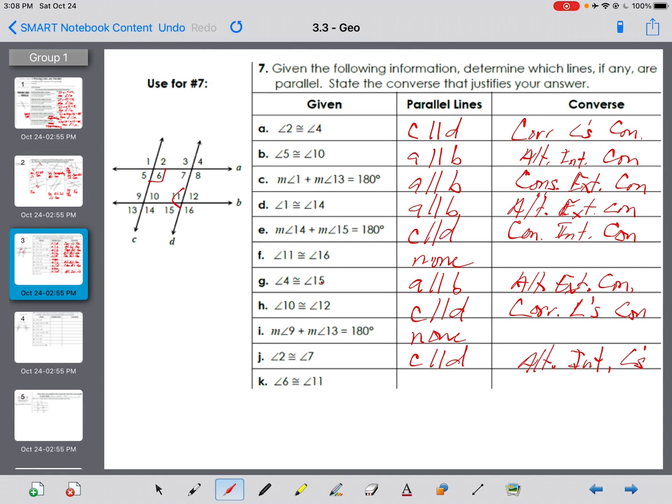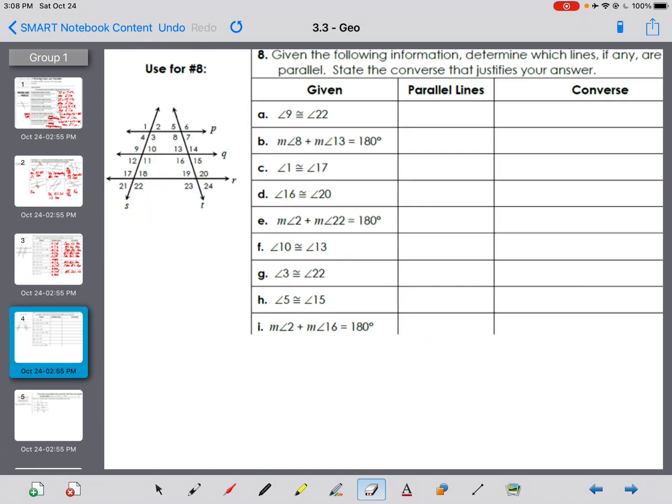All right, these are different intersections. 11's got these two lines, and 6 has got these two lines. It's not two lines being cut by one transversal, it's two different sets of lines. So that's not helpful. So that is a none. Can't actually do it.